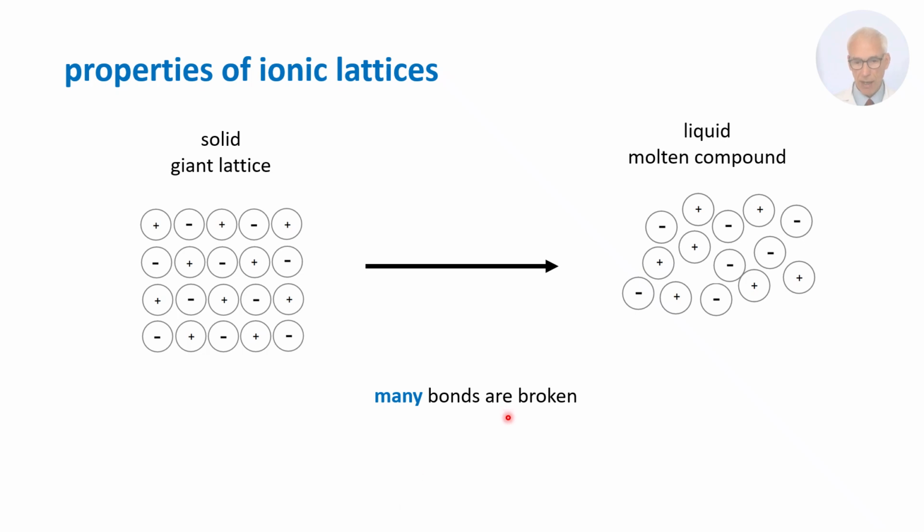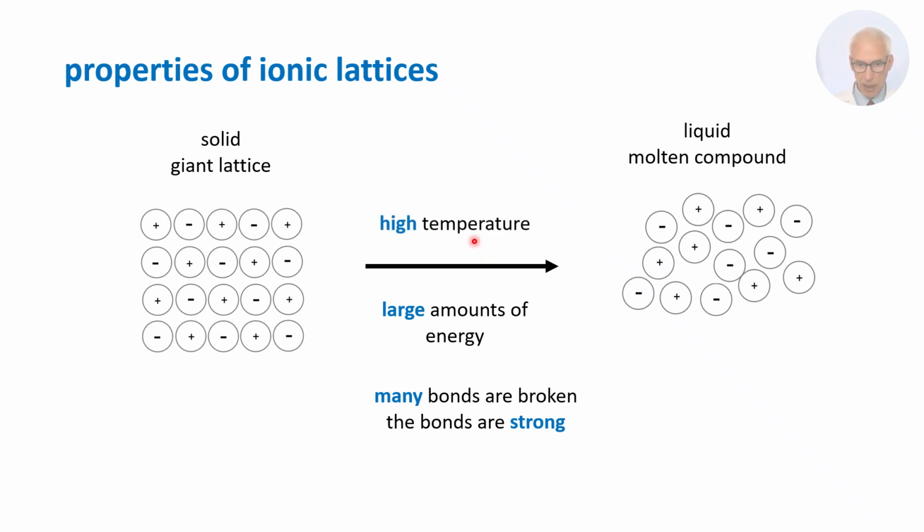To achieve that, many ionic bonds have to be broken. Those bonds are strong, and therefore a large amount of energy is required. And that explains the melting points of ionic compounds being at a high temperature.